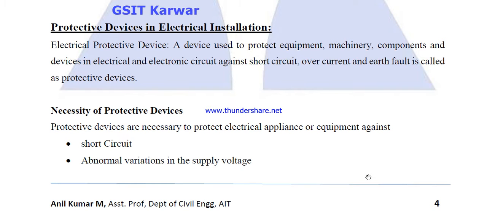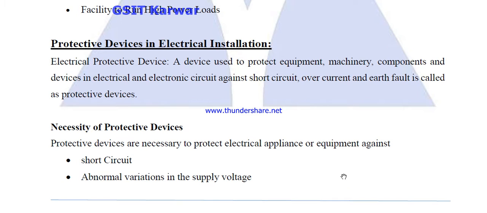Necessity of protective devices. What is the necessity? Protective devices are necessary to protect electrical appliances or equipment against short circuit. It is very important. Abnormal variations in the supply voltage, of course, also happen in our daily life.